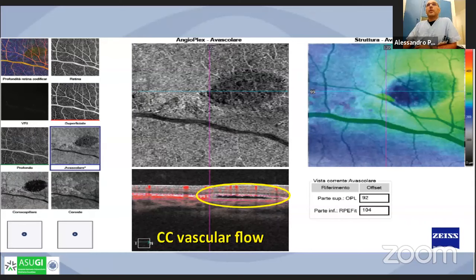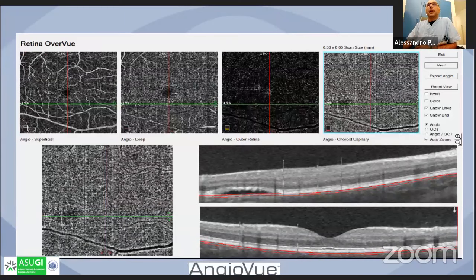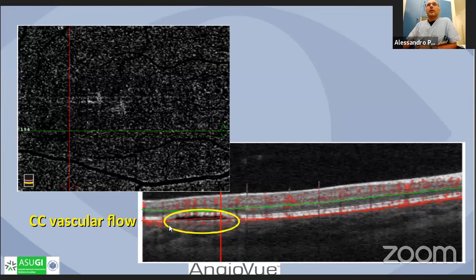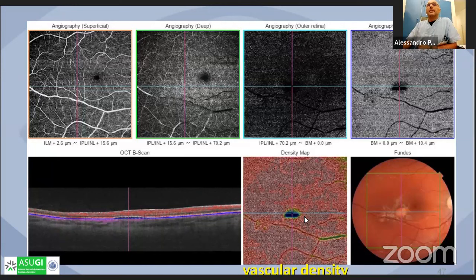The same thing with another type of scan. We also used the AngioView, AngioCT in this case. We found also in this case that the flow in this area is abnormal. We don't have choriocapillaris in the area of atrophy. And the same thing with the swept source AngioCT of Topcon. Also the vascular density in this area is altered.